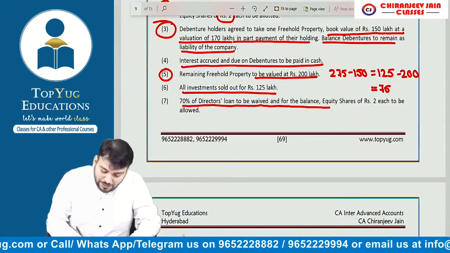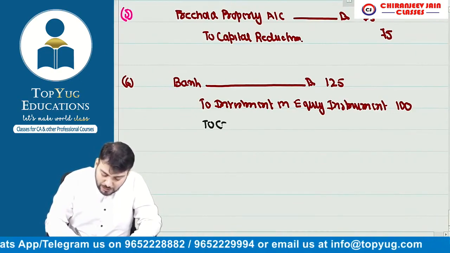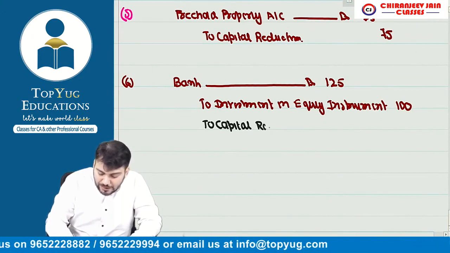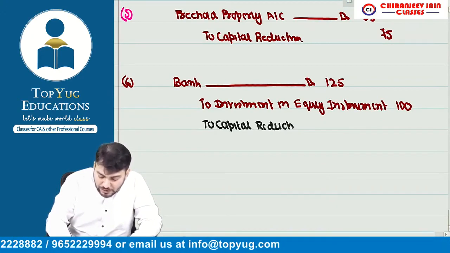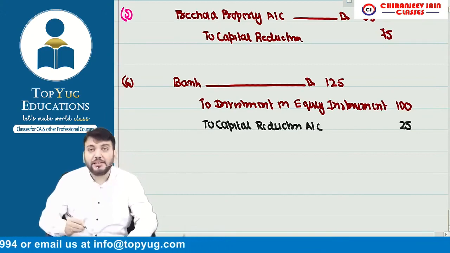So it will be transferred to capital reduction. You have understood that in this chapter all the gain or loss will be transferred to which account? Capital reduction. Even if Lord Krishna comes, it is not to be transferred to PL. Did you understand my point? Yes sir, we have understood. So 25 lakh. This also done?